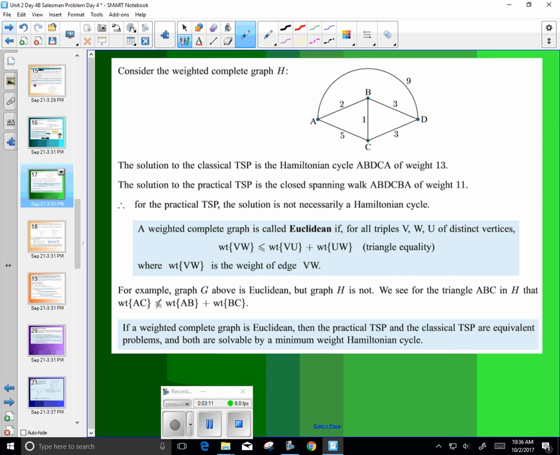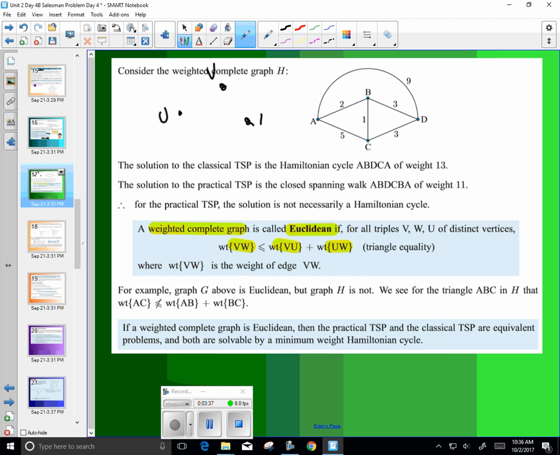Here's the part that didn't make sense to me before. I get it now. And that is that a weighted complete graph is Euclidean if there aren't any cases where you have 3 points, U, V, and W. And I'm just going to make these here.